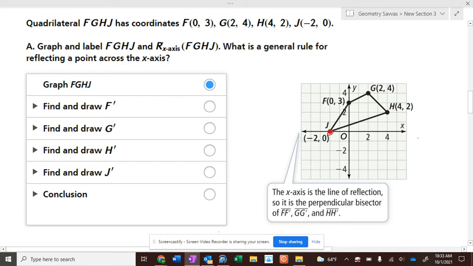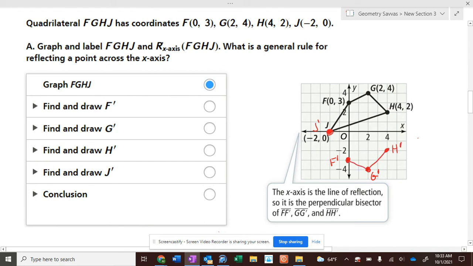Where does F go? (0, 3) becomes (0, -3). Right down here. That's F prime. Where does G prime go? (2, -4) is G prime. Where does H prime go? (4, -2). That's H prime.